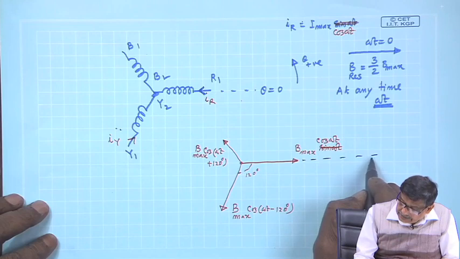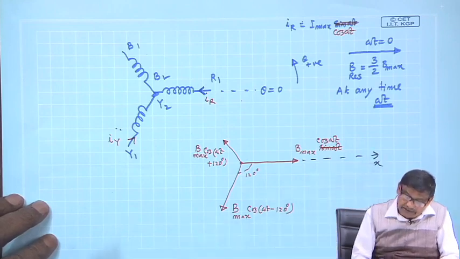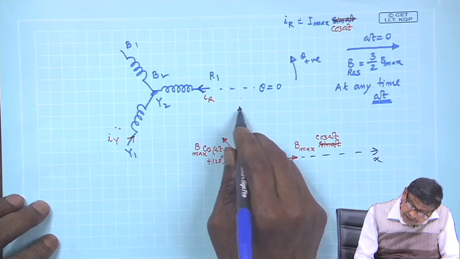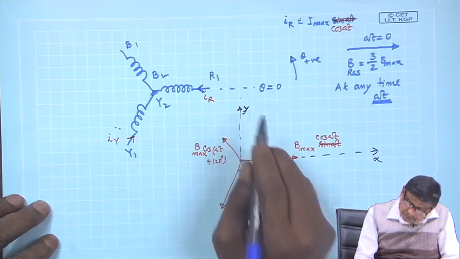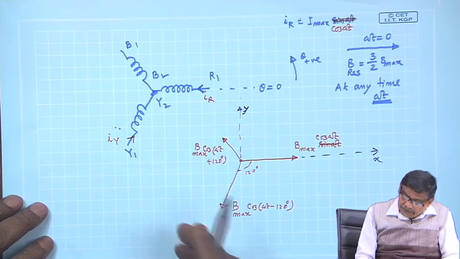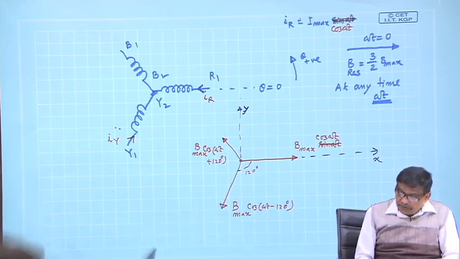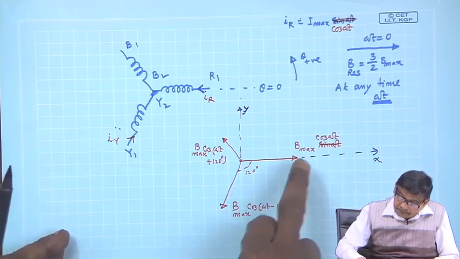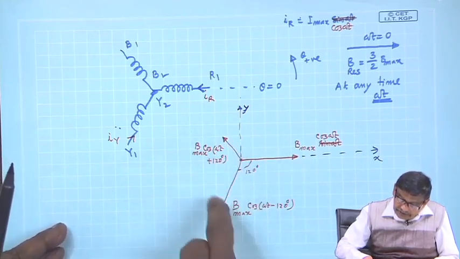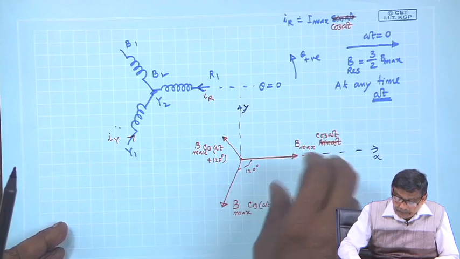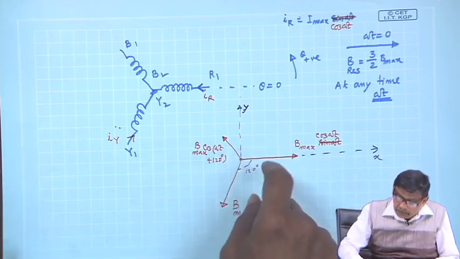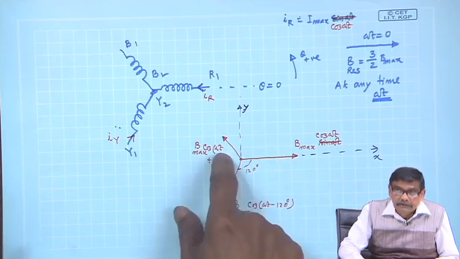Let us assign this as my x axis, and let us say this is my y axis. Then what will I do? I will find the x components of these 3 summed up, and also sum up the y components of these 3.